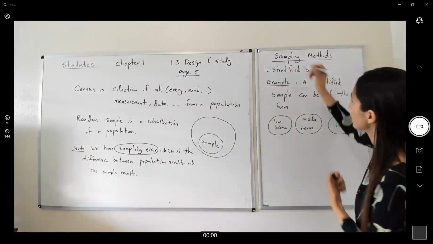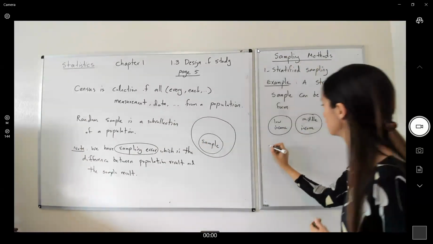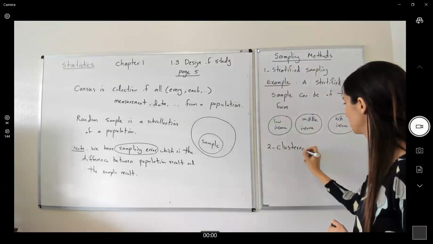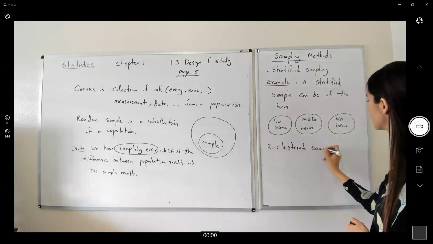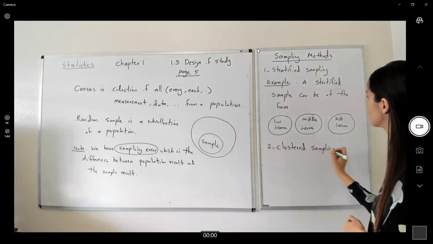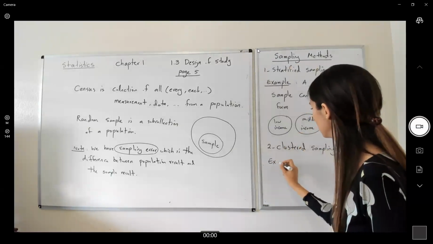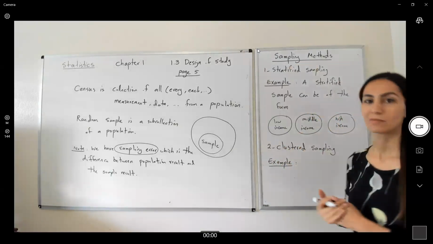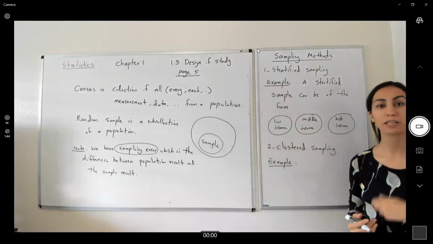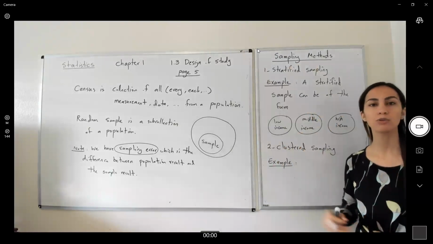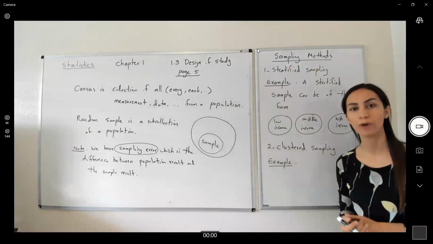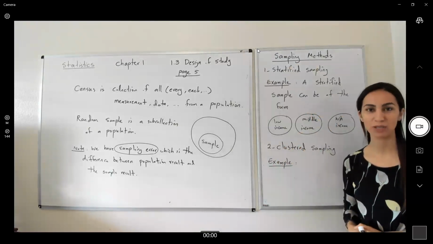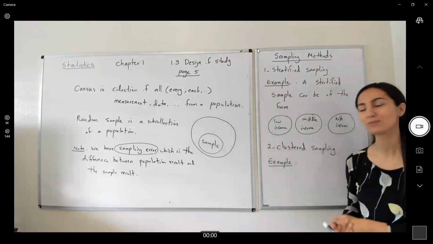The second one is called cluster sampling. In cluster sampling, as a statistician, you look for natural ways to categorize the population, then take random samples.